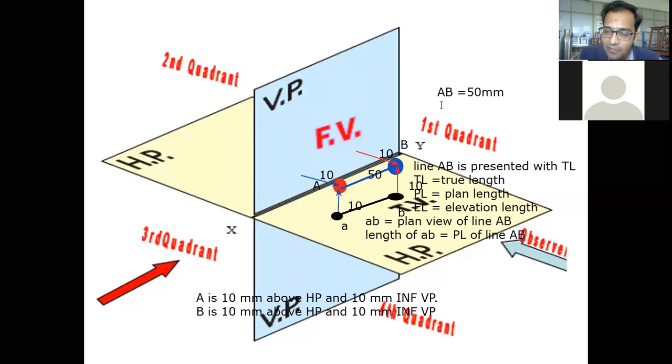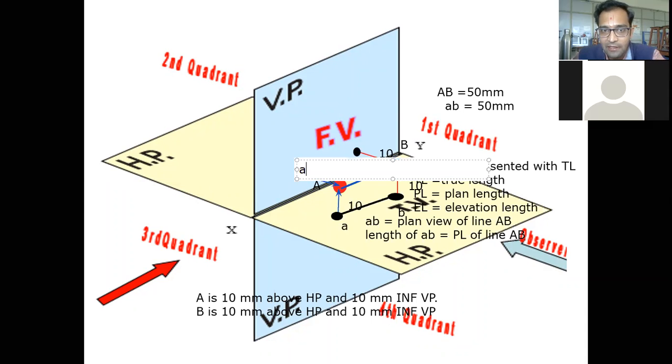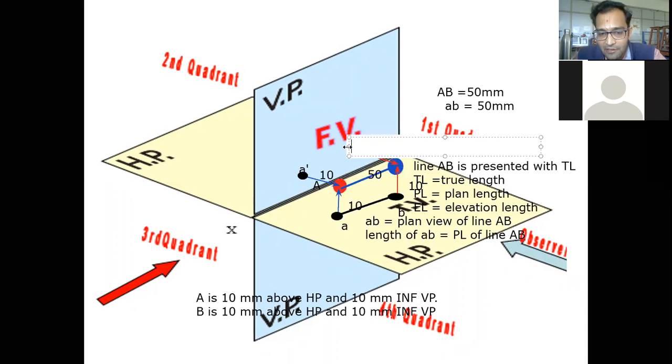What about its projection on horizontal plane? It is going to be called ab, and it is also showing you length of 50 mm. What about its projection on vertical plane? Let us mention the projections over here, and the projections are going to be called a dash and b dash, as we are aware about the notations.